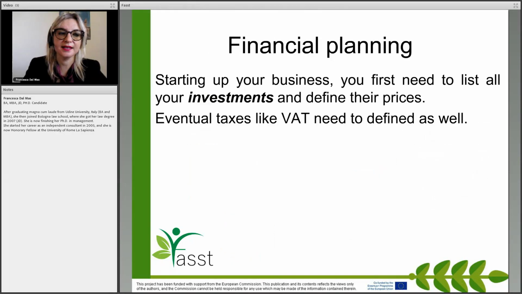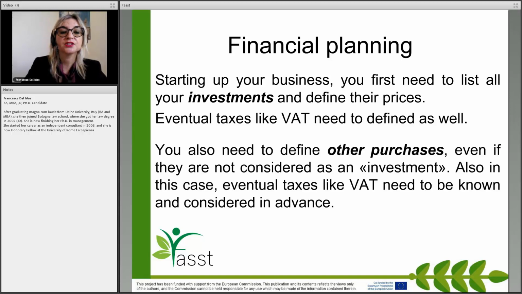So in this case, what you need to do, you first need to make a comprehensive list of all your investments and define their prices. Eventual taxes like VAT need to be defined as well. So what's the aim of that? You need to know how much money you need.